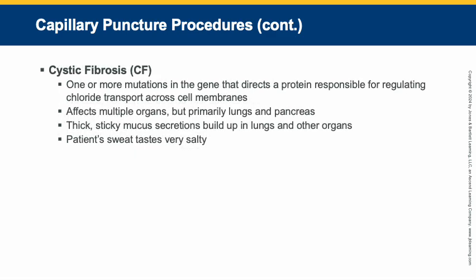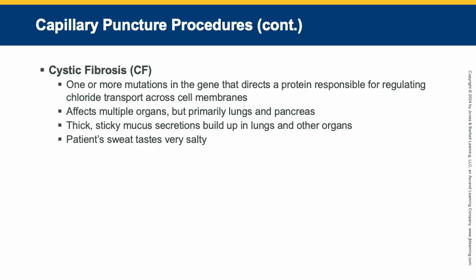Cystic fibrosis is a genetic disorder caused by one or more mutations in the gene that directs the protein responsible for regulating the transport of chloride across cell membranes. Cystic fibrosis involves multiple organs but primarily affects the lungs and the pancreas.